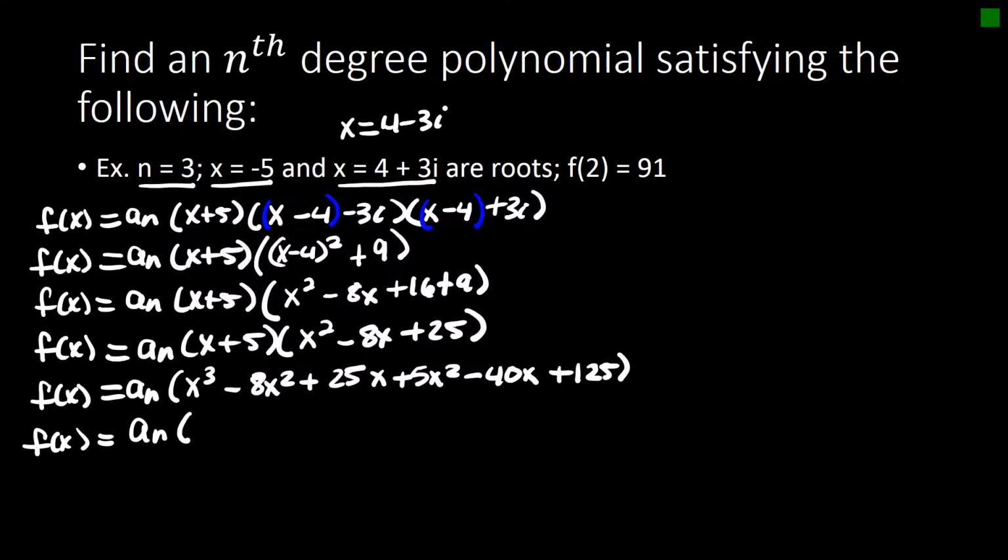And this reduces down to x cubed minus 3x squared minus 15x plus 125. Now let's find a sub n.